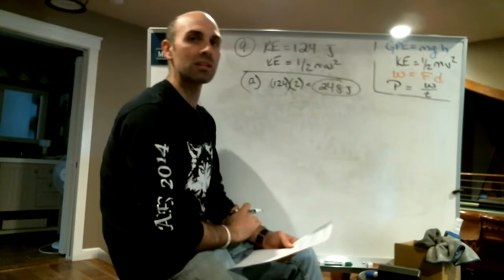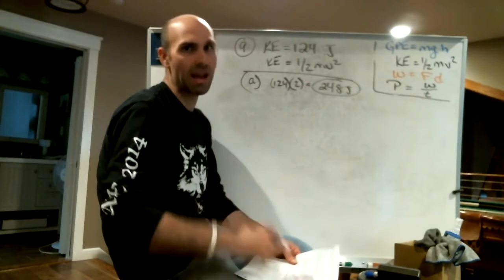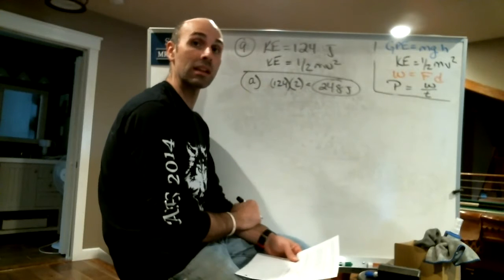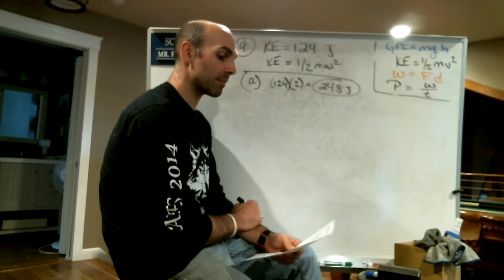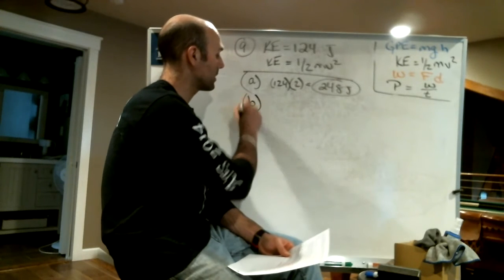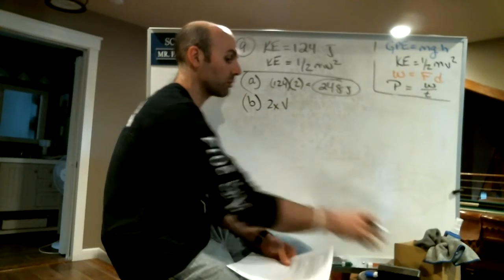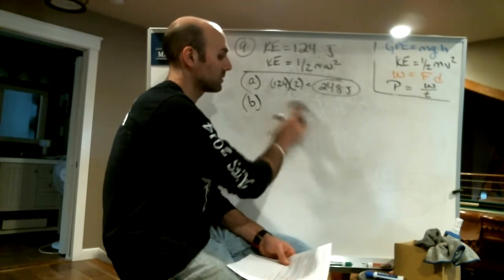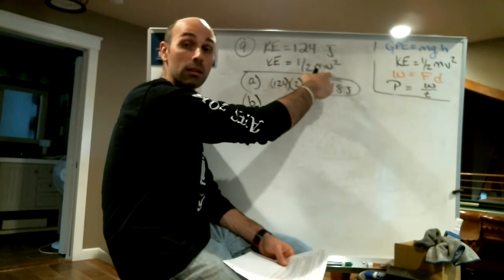Remember, we had a problem similar to this in our last test, with momentum, changing the mass, changing the velocity. Same thing here. Part B, what happens if the mass stayed the same, but it was moving with twice the speed? Now look at our velocity. It's squared.